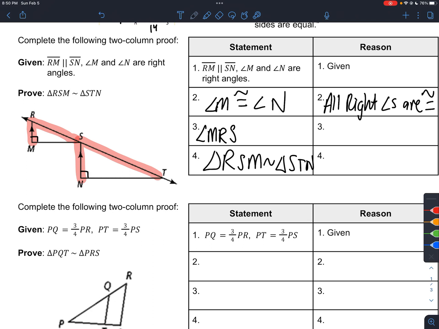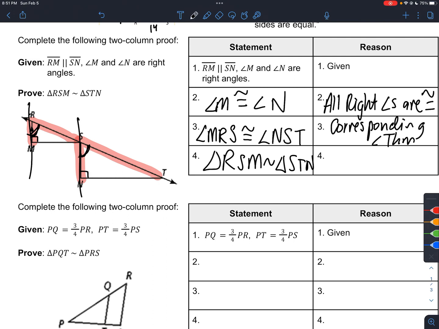Now, if we look at this angle also here, and we see that we have these parallel lines, these angles right here are one of our angle pairs. They're corresponding, okay? So angle MRS is congruent to angle NST. Those two I labeled in the picture, and that's because of the corresponding angle theorem.